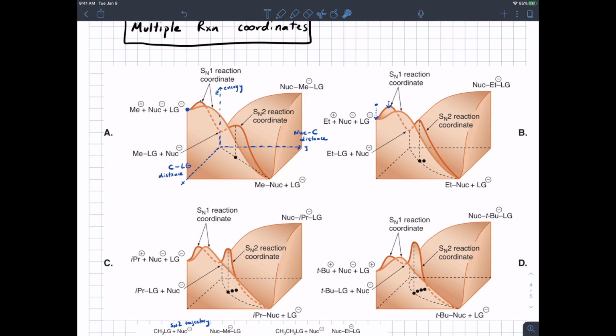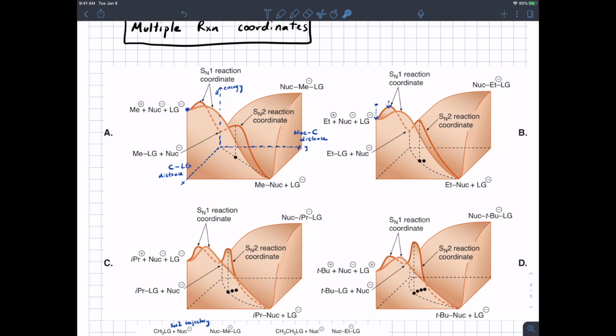It turns out that the trajectory of SN2 is pulled a little bit to the left along the y-axis. So what that means is that the leaving group can leave even more before the nucleophile comes in.